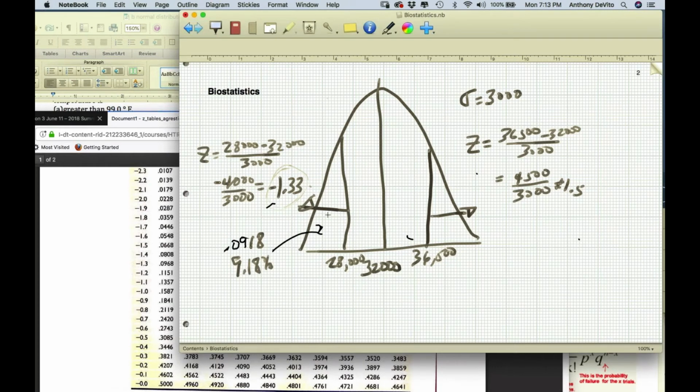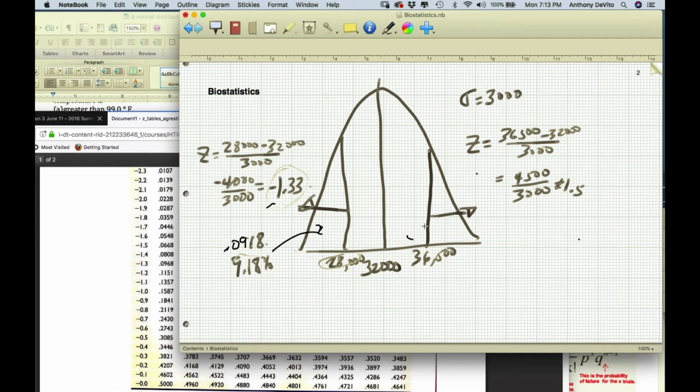Okay, 9.18% of the population is going to have a salary less than 28,000, assuming that it's truly normally distributed. Or again, if I randomly selected a teacher from this population, there's a 9.18% chance, or a 0.0918 proportion, that would have a salary less than that.